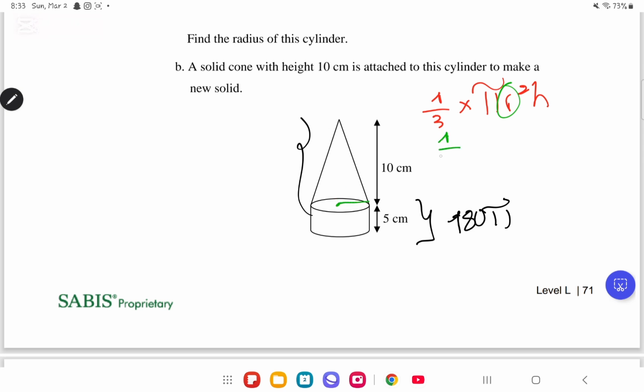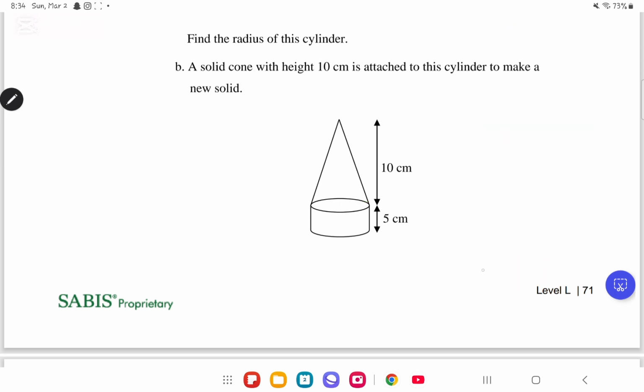So it's going to be 1 over 3 times pi times, we got the radius to be 6, so times 6 squared times the height, which is 10 centimeters. You multiply them all together and you are going to get 120 pi. So add these two together to get the total volume, which is going to be 300 pi. This is the new total volume.